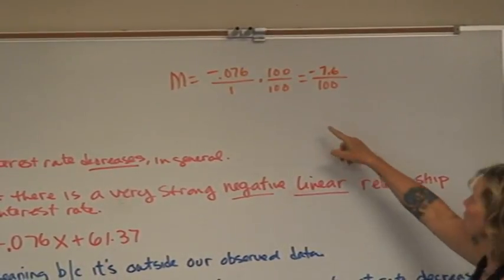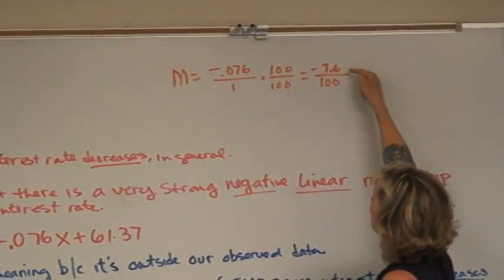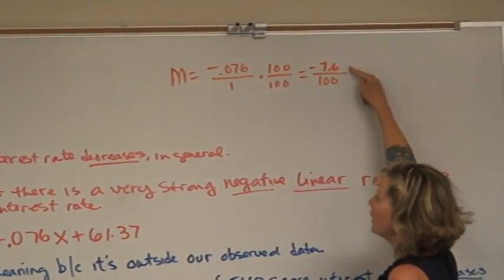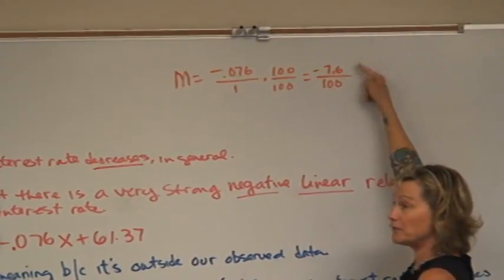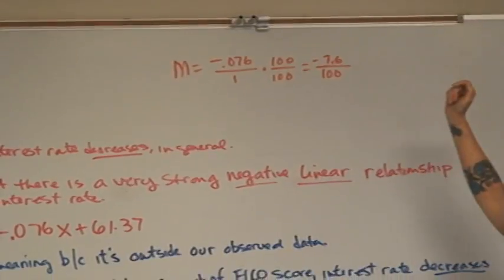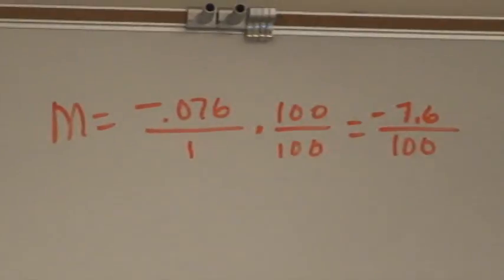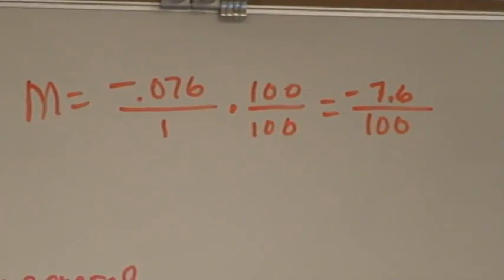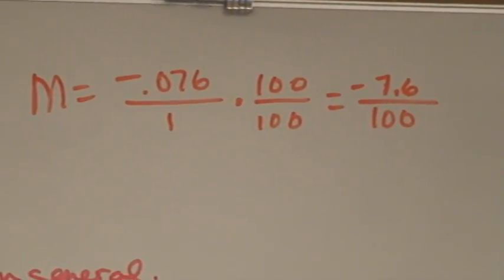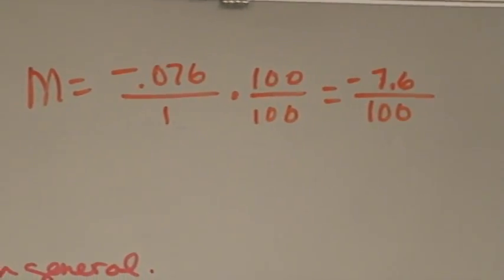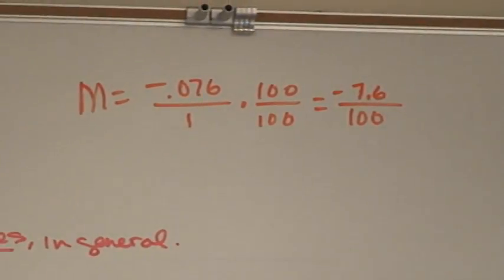If your credit score increases by 100 points, your interest rate will decrease 7.6%. I think there are some questions that they ask you in terms of hundreds, so bear that in mind.